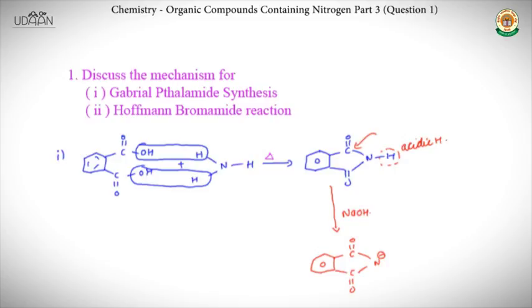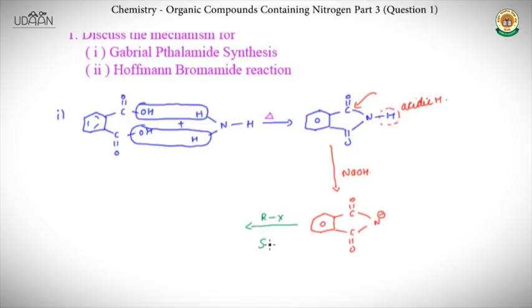Now if you remember, for this you have treated with RX. Now this is where substitution is taking place. If you remember from the theory where we have told you, this is SN2 attack. Here you have got a nucleophile with negative charge on nitrogen.